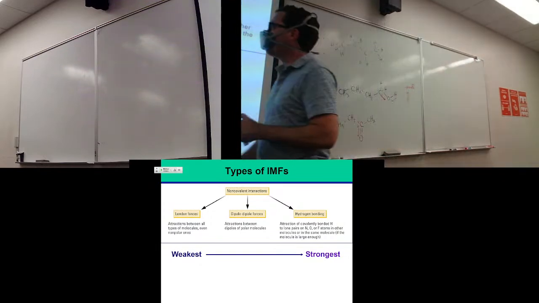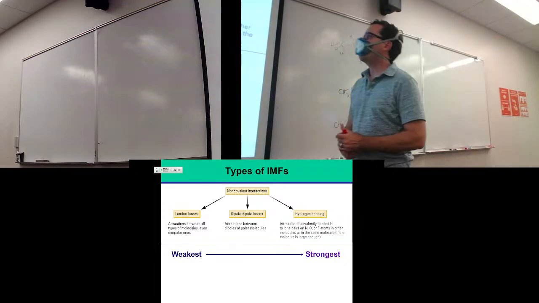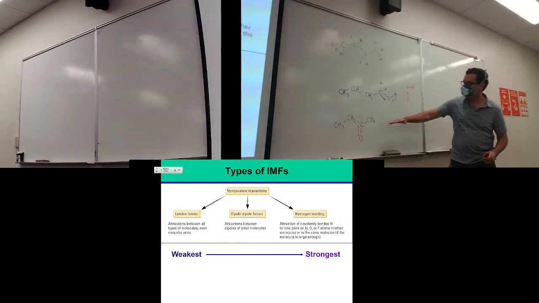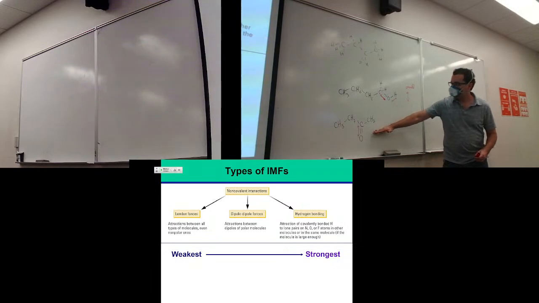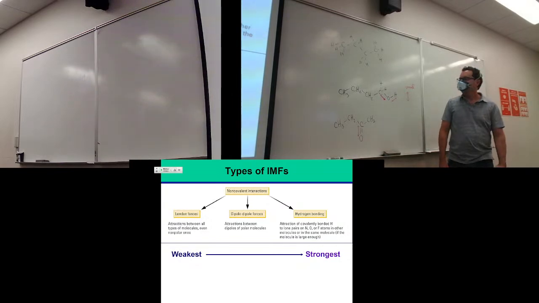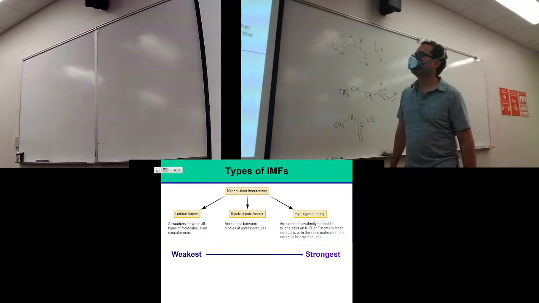The other kind of force that could be a little bit more dominant is a dipole-dipole force. These are attractions between molecules that actually have dipoles, like this one, like this one. This ketone will do dipole-dipole forces with other molecules of the same kind. This alcohol will do, well, this is a special case. We'll get to that in a second.